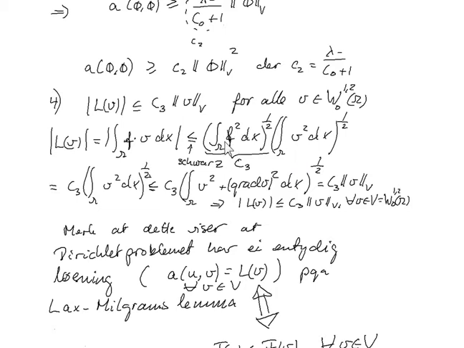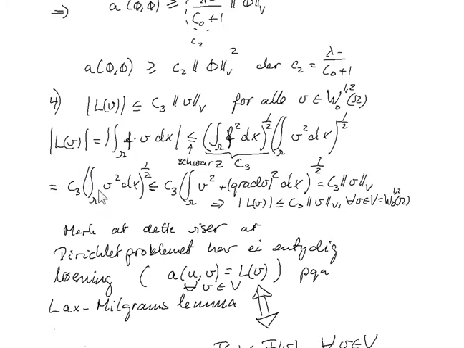Because f is some function, we can choose to let C3, this constant, be equal to the square root of this integral. If we do this, then we obtain that the absolute value of L of v is less than C3 multiplied with this.